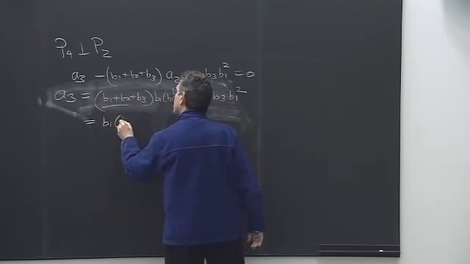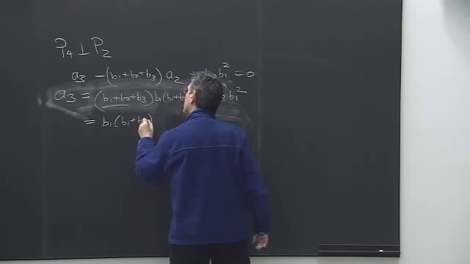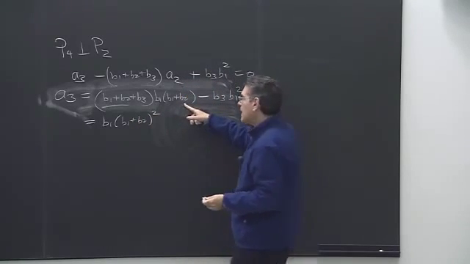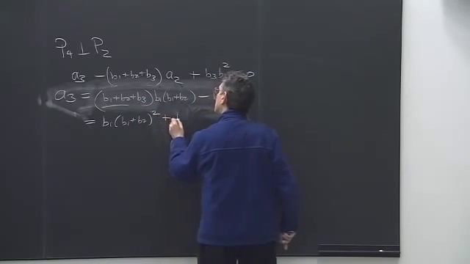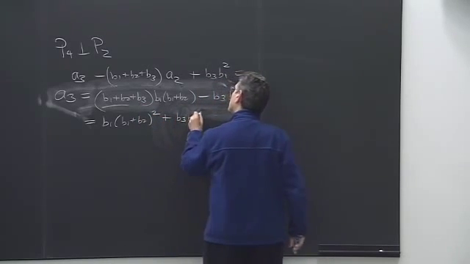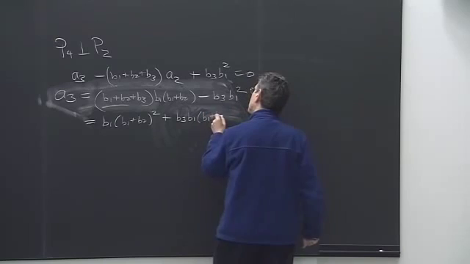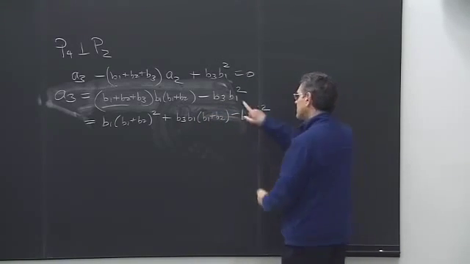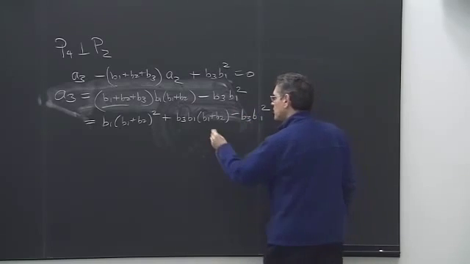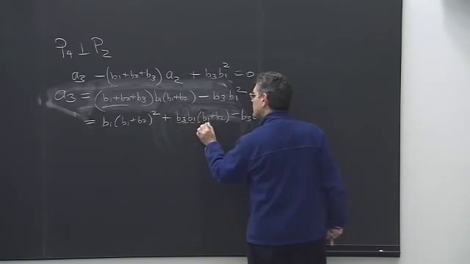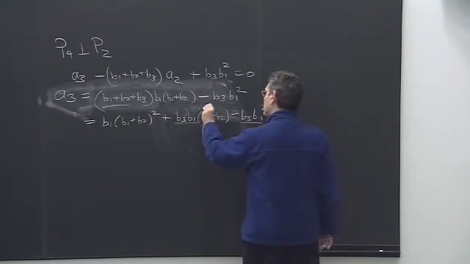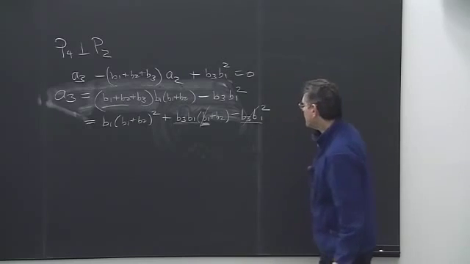That's b1 times b1 plus b2 squared, right? And the last term is b3 times b1 times b1 plus b2 minus b3 times b1 squared. That's this term. And you notice that there's a b3 b1 squared right here minus b3 b1 squared. Okay, so that guy cancels.